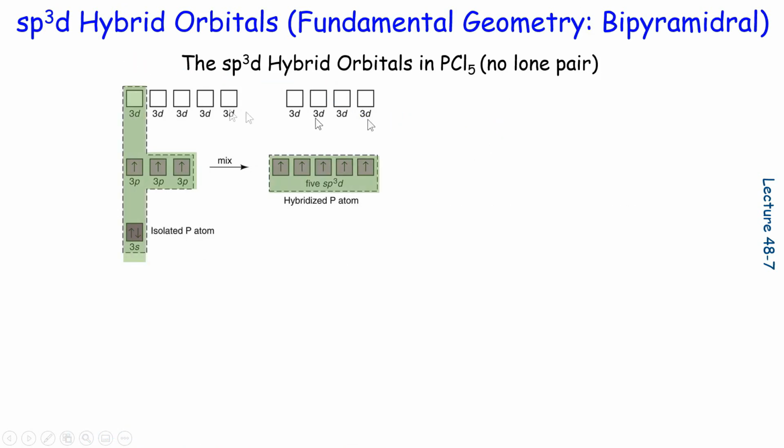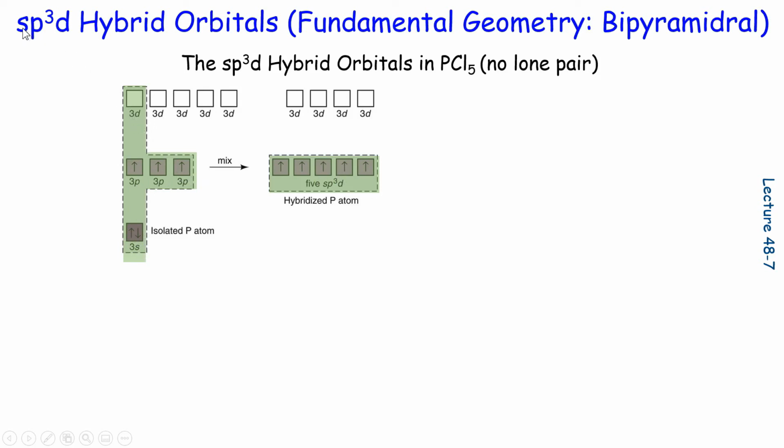Let's take a look at sp3d hybridization in PCl5 molecule. Those are the orbitals for isolated phosphorus atom, and here are the 5 hybridized orbitals for hybridized phosphorus atom. In this hybridization, 1 s orbital, 3 p orbitals, and 1 d orbital is used.